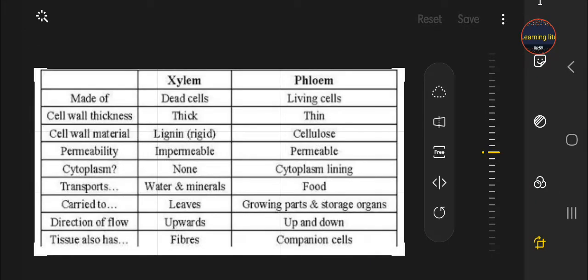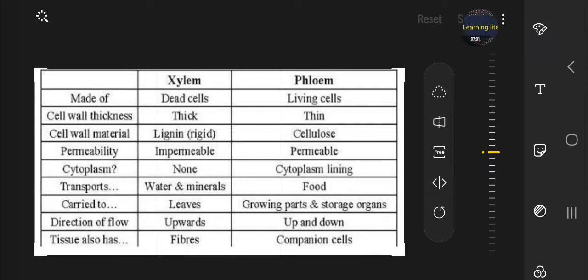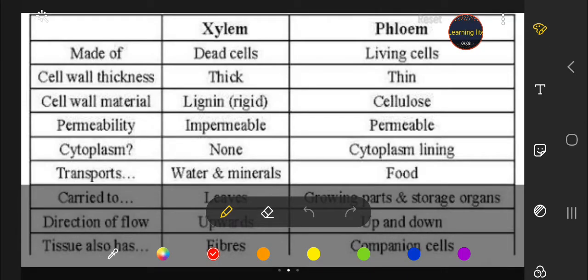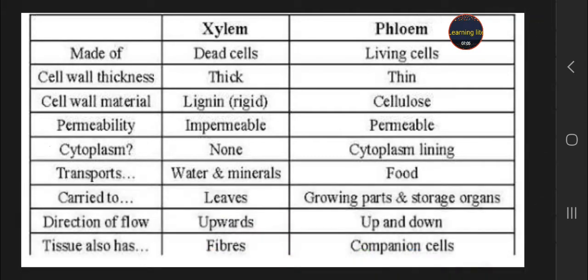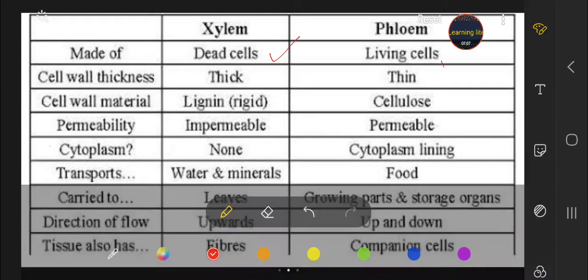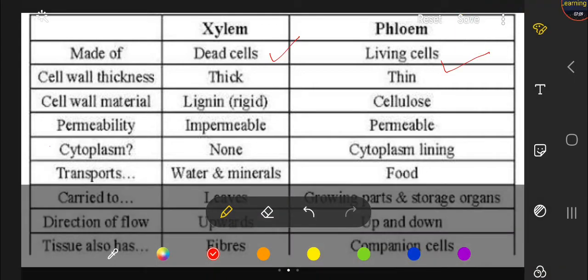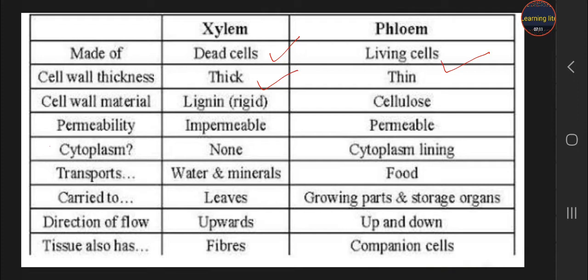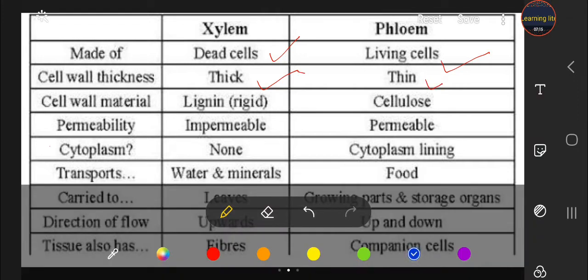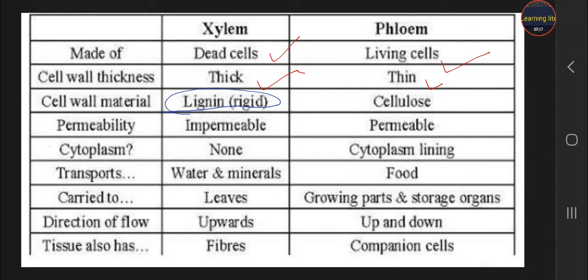First difference: xylem is made up of dead cells and phloem is made up of living cells. Xylem has a very thick cell wall and phloem has a thin cell wall. Xylem is made up of lignin, phloem is made up of cellulose.